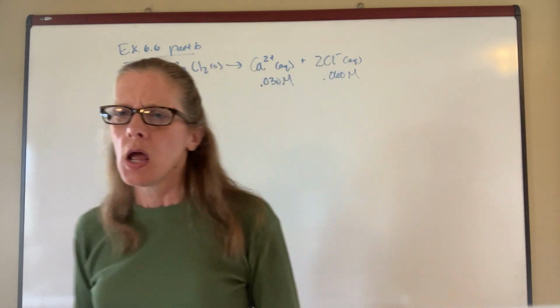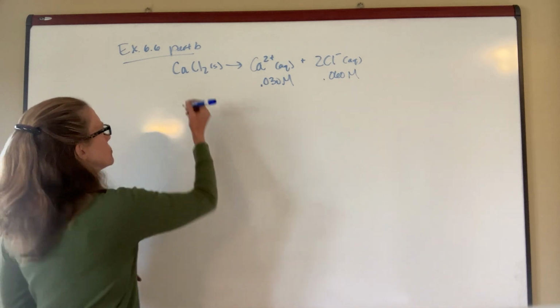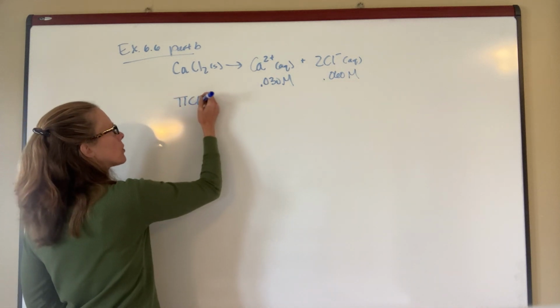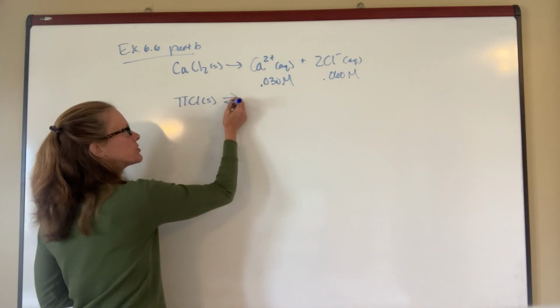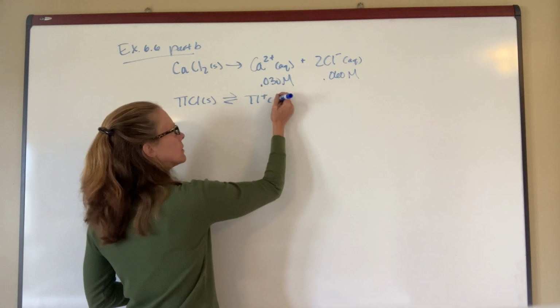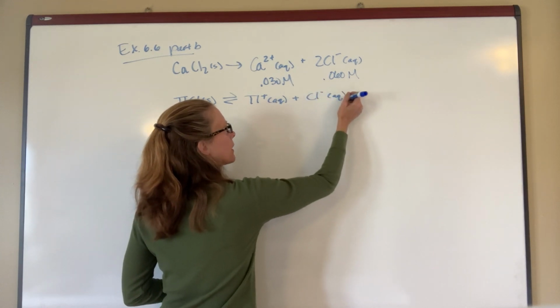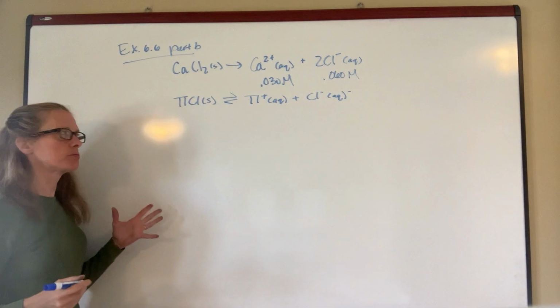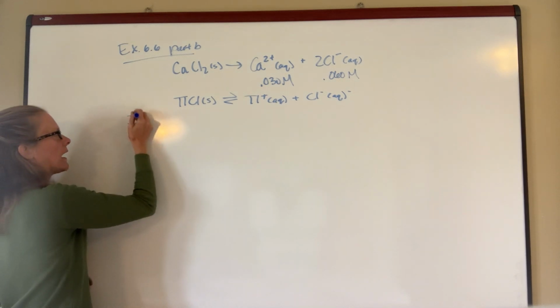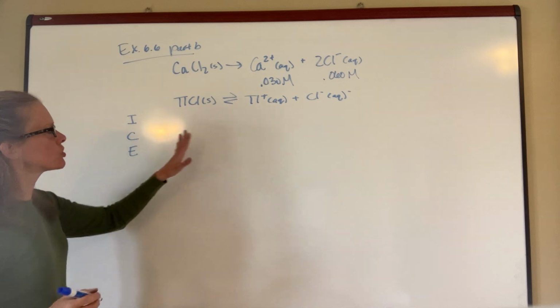All right. Then I've got the thallium chloride that I'm going to try to dissolve into that. So my thallium chloride will set up an equilibrium because it's not very soluble. So I'll have a thallium ion and a chloride ion. And so here again, I'll use my ICE table. So I have initial, change, and equilibrium. So initially, what's the case?